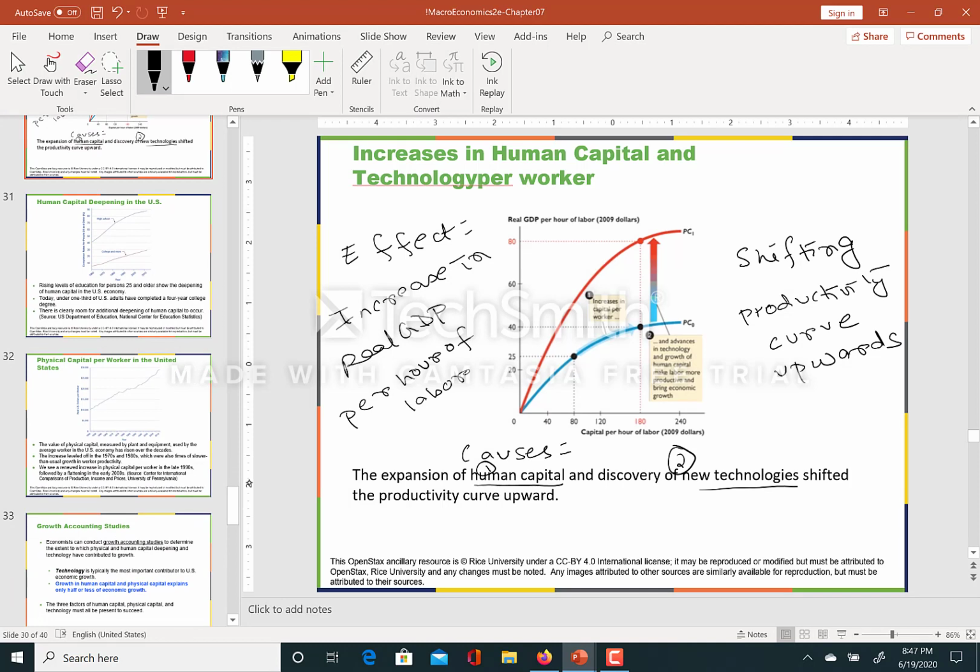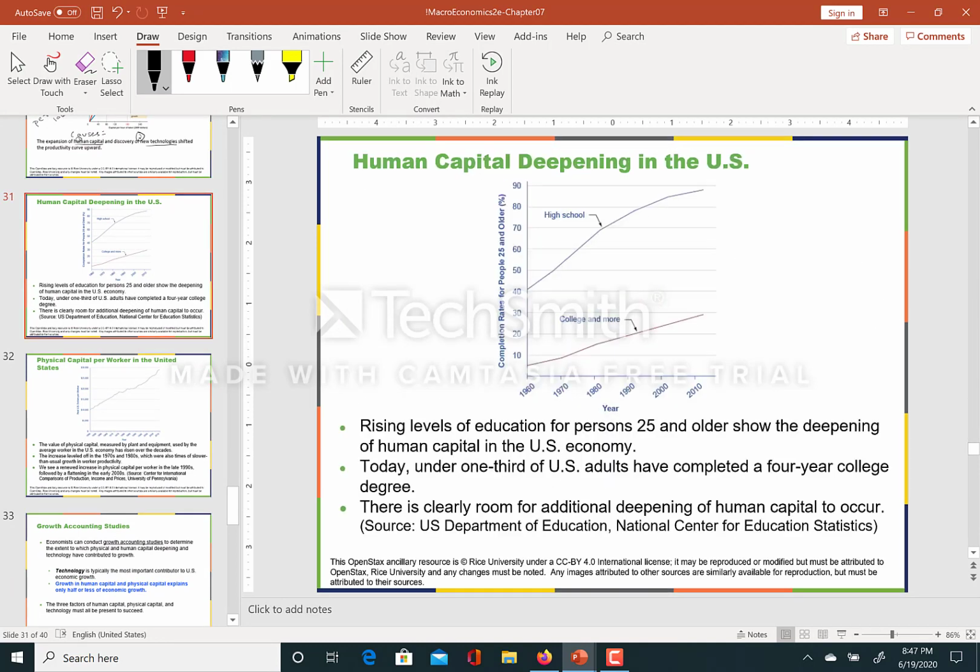That's quite straightforward. So this one is just showing me the increase in human capital. Okay, so we have a lot of people with high school degree and the number of people with college degree, this is really going up.